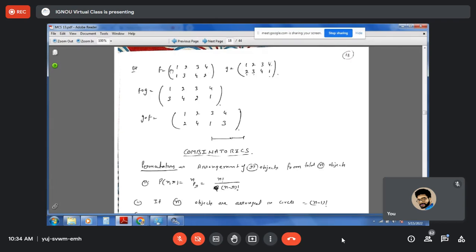It is a permutation of the function. In a function, how do you write the function? In the first line, these are the members of the set A. And in the second line, these are the members of the set B. We were discussing the arrow diagrams earlier today. There were two sets A and B. These are the members of the set A and these are the members of the set B, simply.